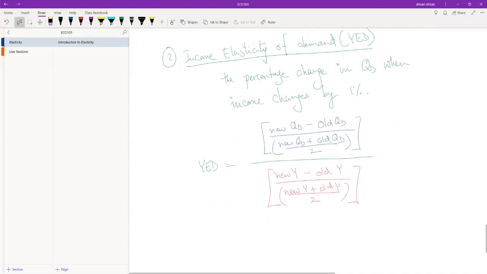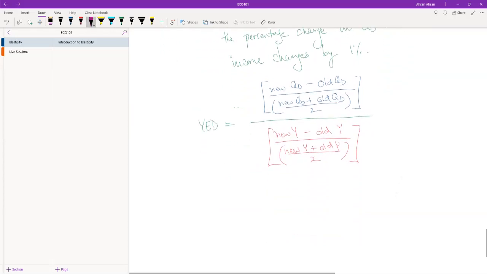Okay, so let's do a calculation and see what that gets us. So suppose you used to earn 10,000 taka a month, and at this income you used to buy 50 units of a good, any good, then your income went up to 12,000, and as a result you start to buy 80 units of this good.